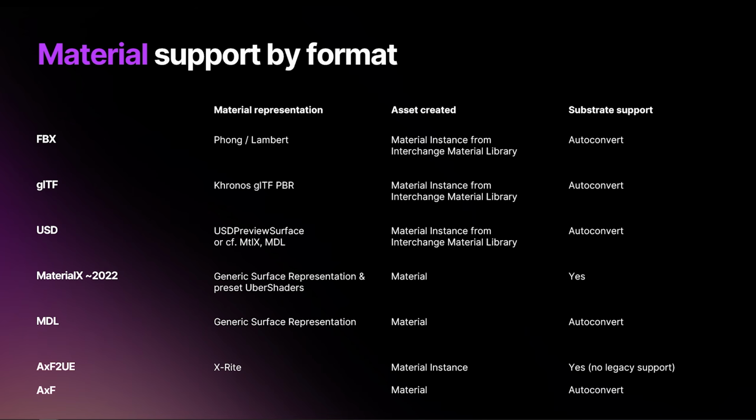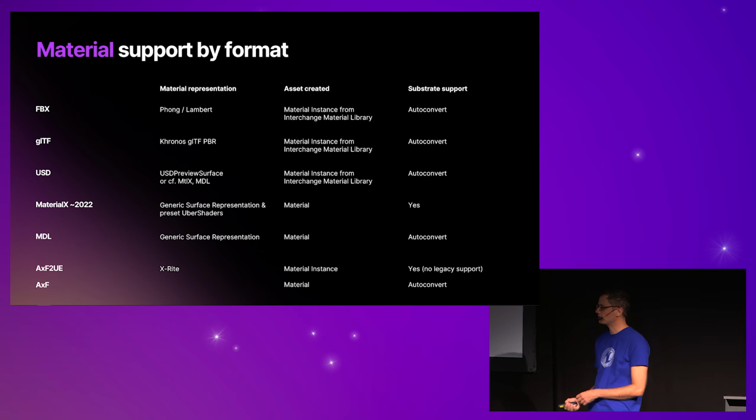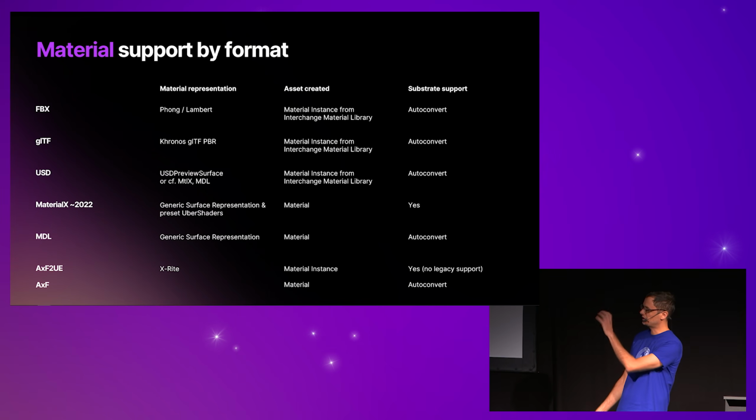The USD preview surface can also be represented in MaterialX. So this is quite cool, because what Substrate allows us to do now, to generate custom surface representation, ties well with what MaterialX is doing, so we can transfer things more reliably between the MaterialX description and what we have in Substrate.